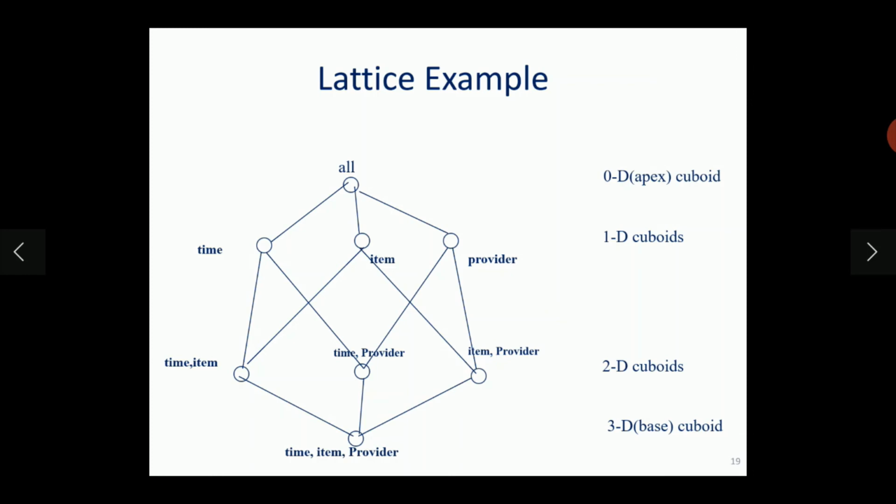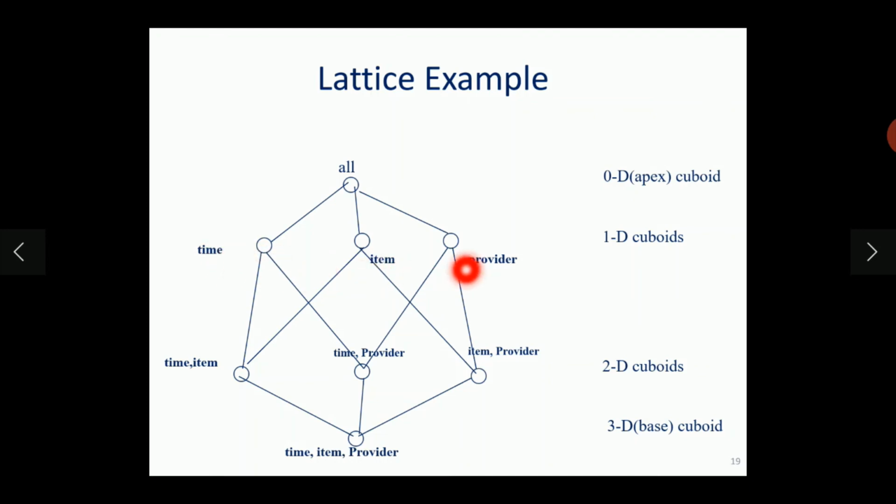Here is another example of the lattice: time, item, and provider. So we have the three dimensions. At the base we are considering all three dimensions, so it is a 3D cuboid. On the level above it, we have time-item, then time-provider, and the third one is item-provider. At this point we are considering the 2D cuboids, only two dimensions, so it is called a 2D cuboid.